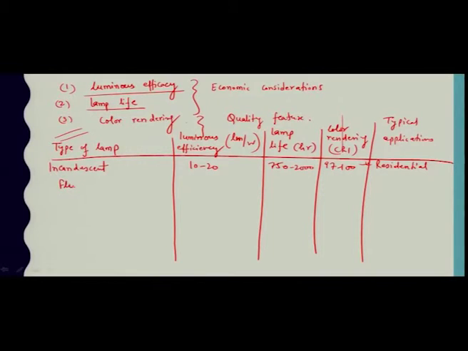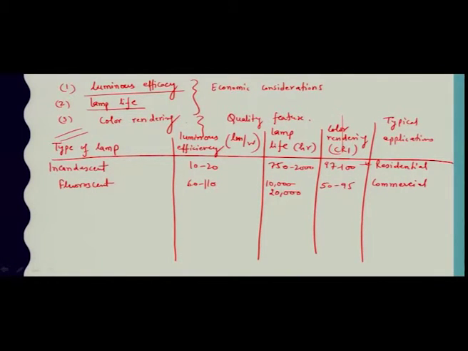As far as fluorescent lamp is concerned, its luminous efficacy is 60 to 110, and its lamp life is nearabout 10,000 to 20,000 hours, and its color rendering is 50 to let us say 95, and it is used for commercial purposes.